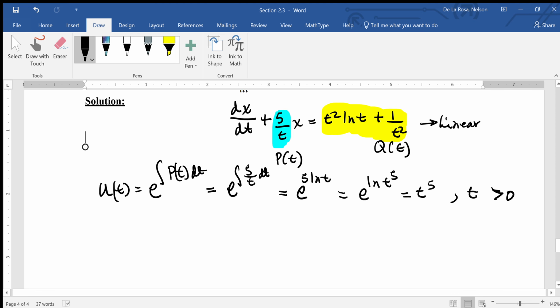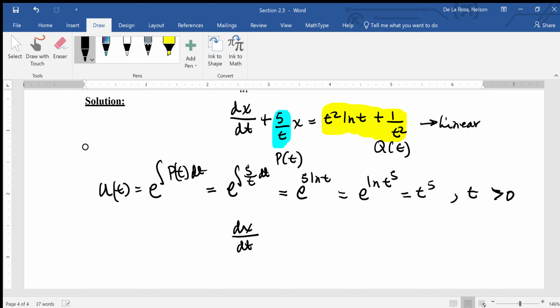So now we're going to multiply the whole equation, the given equation, this is our equation, and we multiply by the integrating factor, which is t to the fifth.